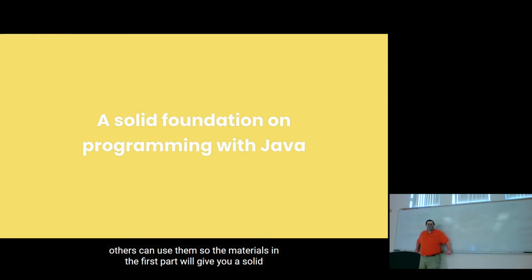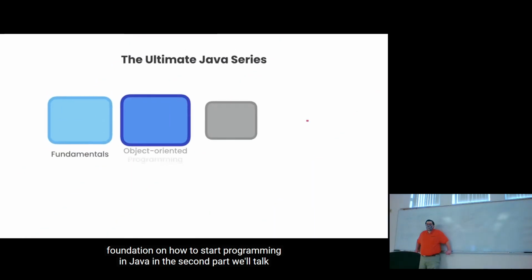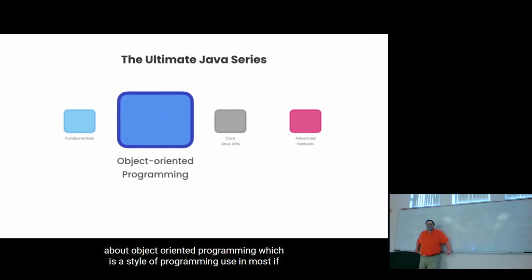So the materials in the first part will give you a solid foundation on how to start programming in Java. In the second part, we'll talk about object-oriented programming, which is a style of programming used in most, if not all, Java applications. Whether you want to use Java to build web, mobile, or desktop applications, you need to understand object-oriented programming well, because otherwise you're going to constantly hit obstacles.